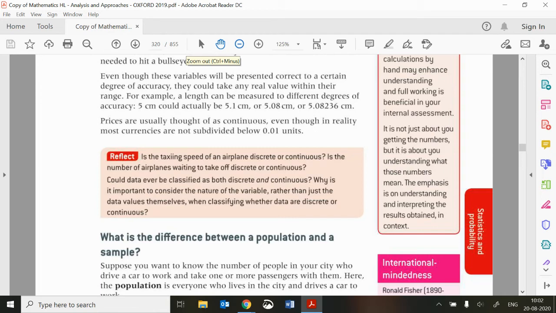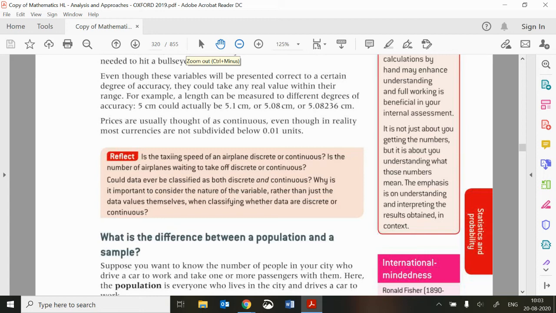Okay. Right. So it says prices are usually thought of as continuous, even though in reality most currencies are not subdivided below units of 0.01, like cents or, you know, pence, for example. Okay, but in fact, yeah, that's true.